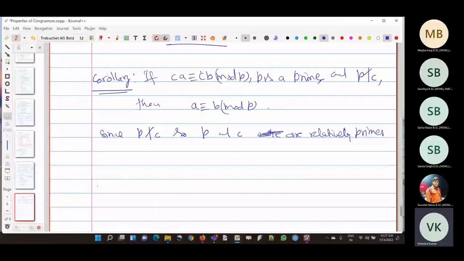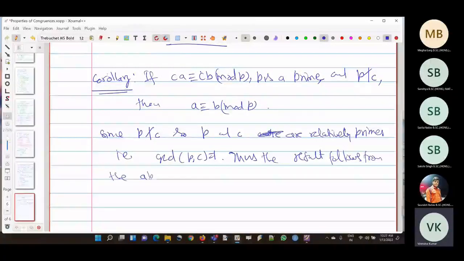That is, the greatest common divisor of P and C equals 1, and thus the result follows from the above corollary.